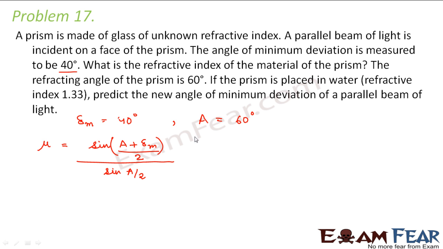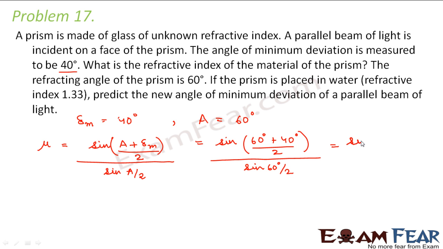Putting these values in this formula, we get sine of (60 plus 40) divided by 2, divided by sine of 60 by 2. So this is equal to sine 50 degrees divided by sine 30 degrees. This comes out to be 1.532. So this is the refractive index of the material of the prism.